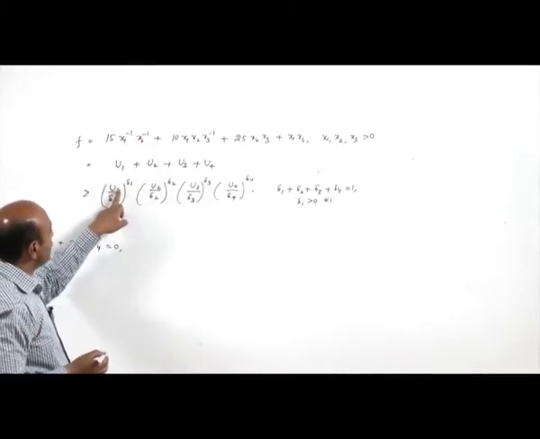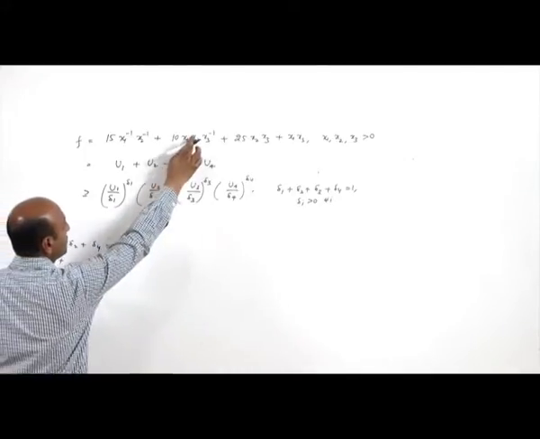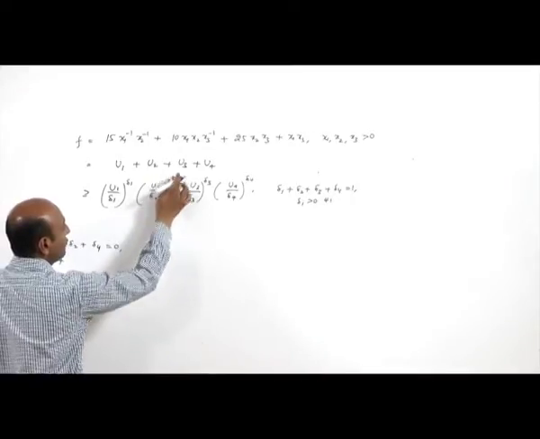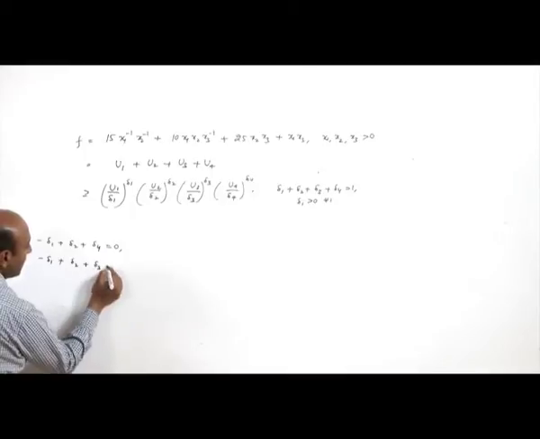Now, second equation with respect to x2. The power of x2 from u1 is minus delta 1. So, it is minus delta 1 plus delta 2 plus delta 3, and that must be 0.